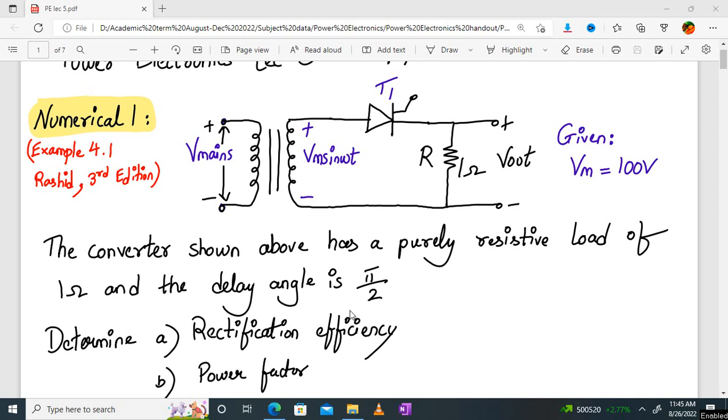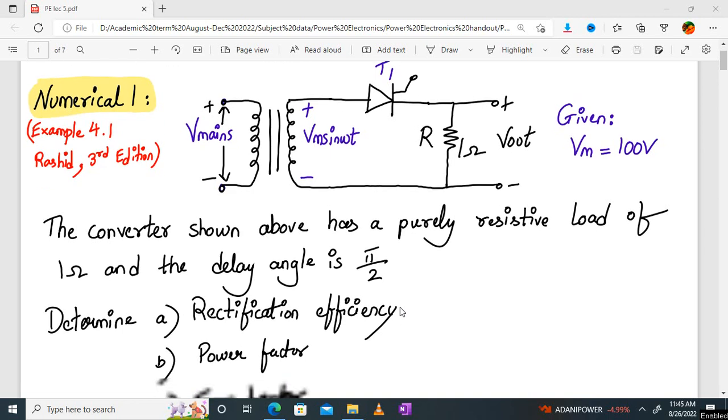The converter shown above has a purely resistive load. What do you mean by purely resistive? Fully resistive load, right? And the value of it is given as 1 ohm and the delay angle is pi by 2. What is pi by 2 in degrees? 90 degrees, right? Delay angle is the same as firing angle.